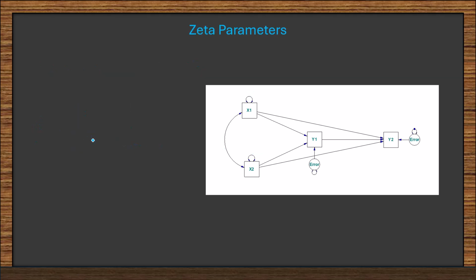The next parameter is not something we actually estimate, but it represents something important in our model, and that essentially is the error, or unexplained part of the endogenous variable. And the symbol we're going to use is zeta, the Greek letter zeta. So this is going to be the error in the endogenous variable.